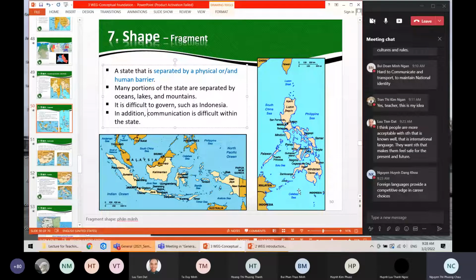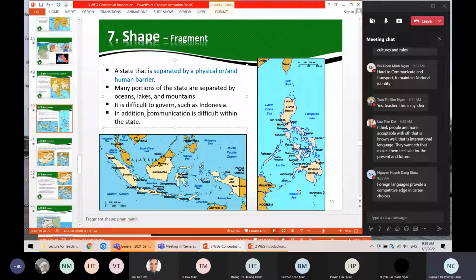As well, because they keep their own language, they can maintain and protect their own local culture and local rules, like you mentioned. The rules may be related to the traditional culture and traditional society of each island. That supports each island in keeping its local identity.